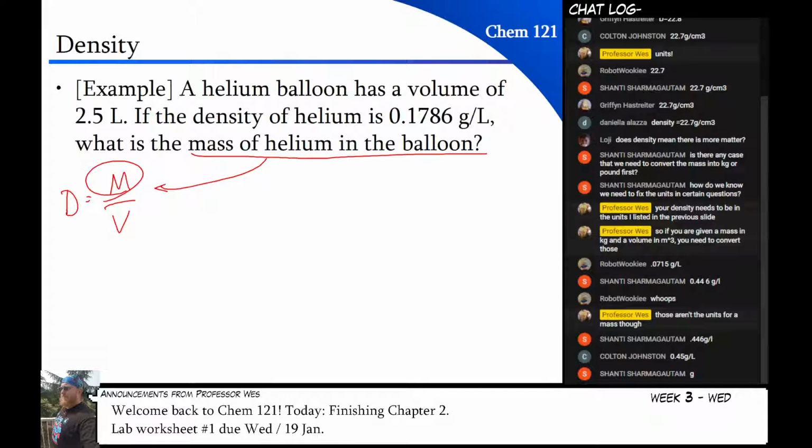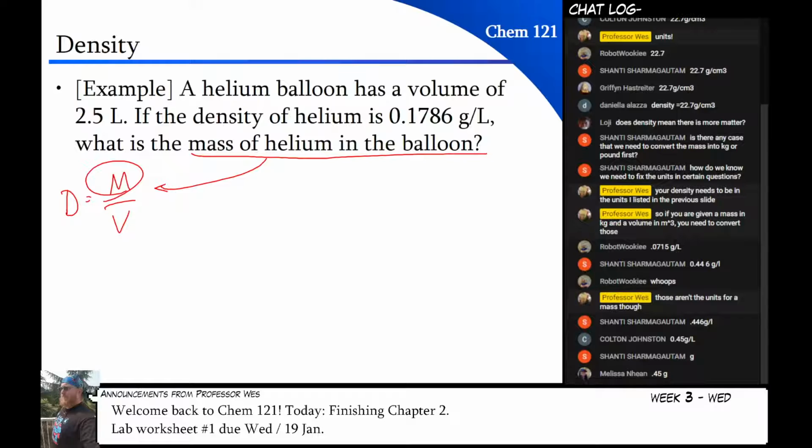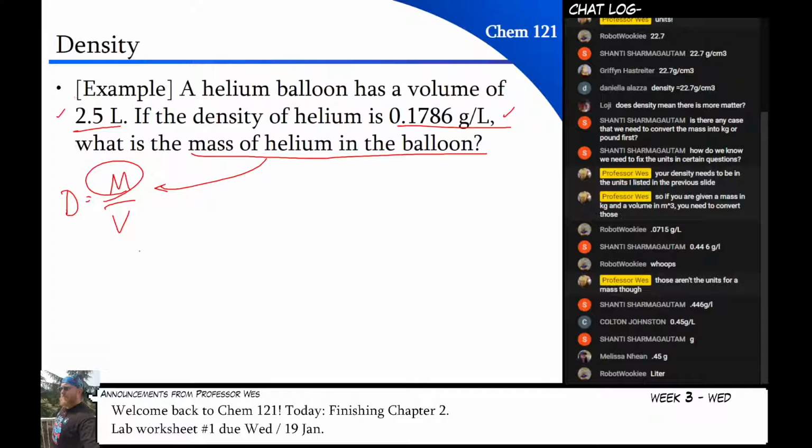All right, let's go over the answer here. So how does this work? We're going to do some algebra. I want to solve for the mass because I know the density. That's this right here. I know the volume. That's this right here. So I'm going to rearrange this equation. I'm going to multiply both sides by v.